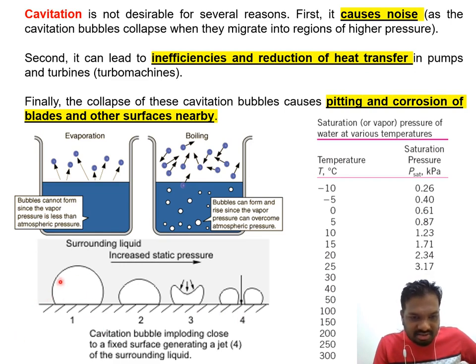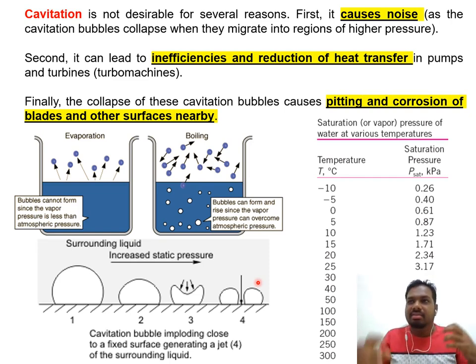This is the first bubble. When the pressure starts to increase back, it presses on the bubble, and it becomes like number 3, then 2. It will start to separate, and it will cause a lot of things.